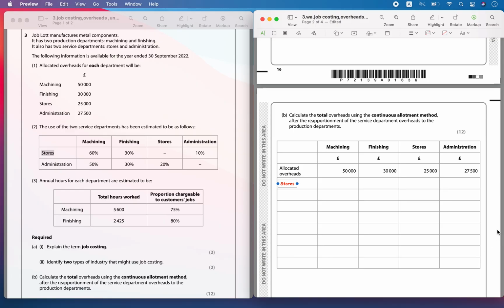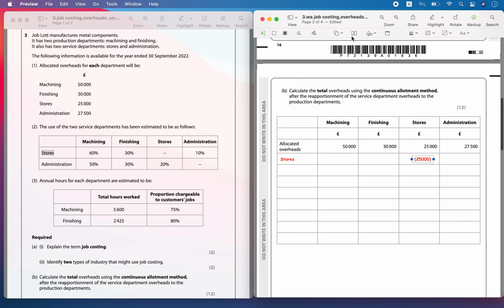So the first one is I'm going to take the stores overhead cost. I will have to reapportion, which means this value is going to be reduced by 25,000. This 25,000 I will pass on to the machining, finishing and admin departments in the ratios of 60, 30 and 10%.